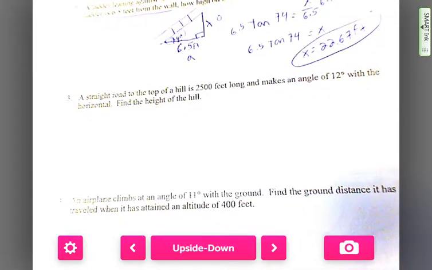Okay, so a straight road to the top of a hill. Try drawing it. Use a pencil if you can, or sketch it on the side so you can cross it off if it's wrong. A straight road to the top of a hill is 2,500 feet long and makes an angle of 12 degrees with a horizontal. Find the height of the hill. Where are you going to put 12 degrees? Where are you going to put 2,500?